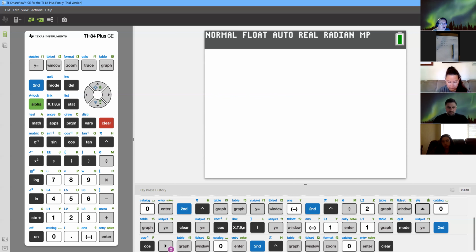No, it's not going to take it as an inverse. It may take it just directly, which would be really nice if it did. There we go. That's the one that I couldn't get on my calculator. It looks like this.